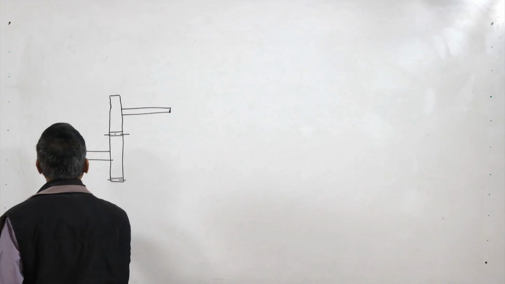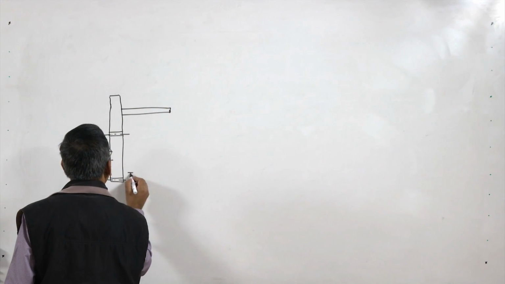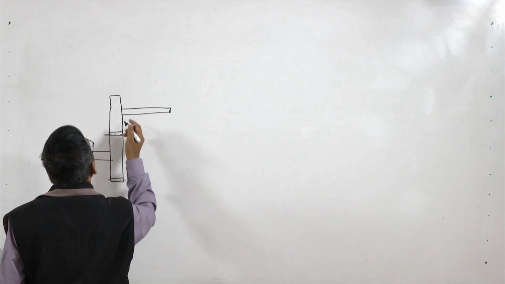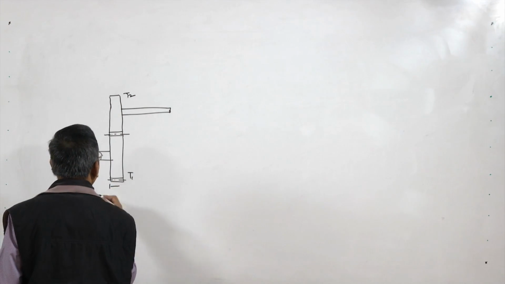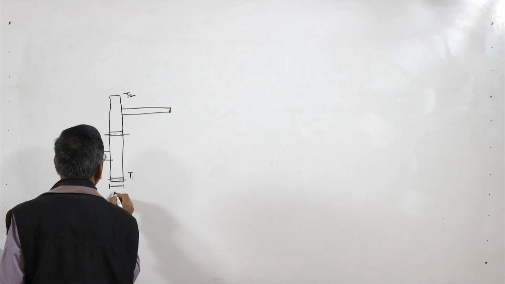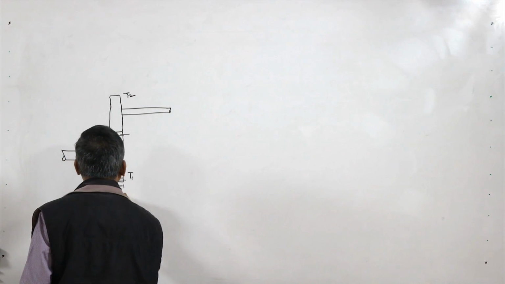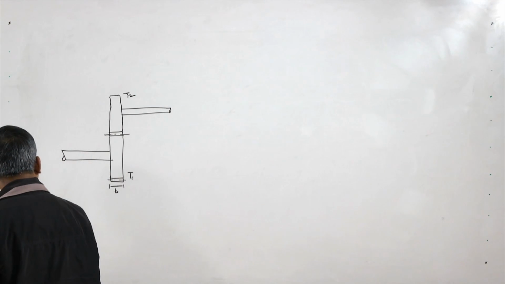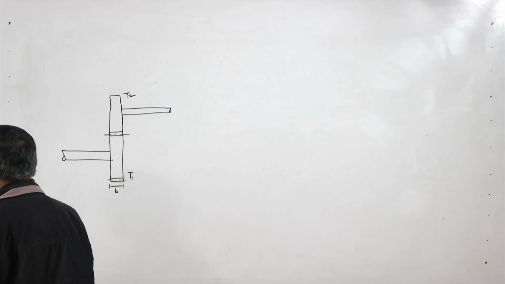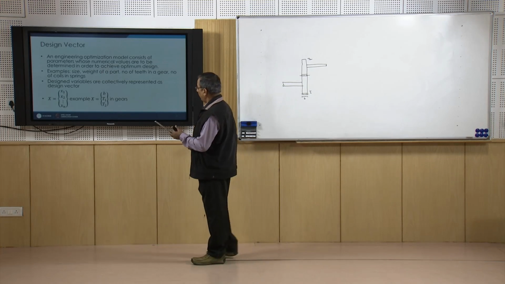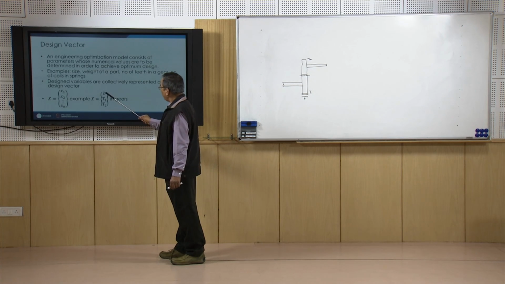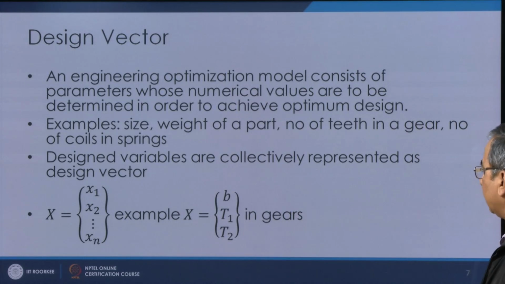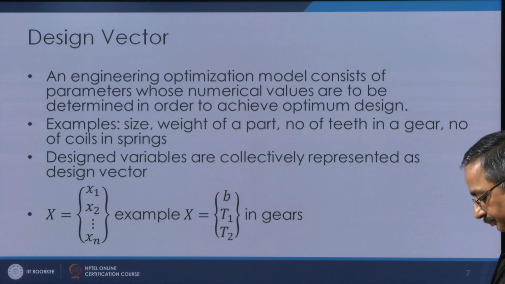Suppose the numbers of teeth are T1 and T2, and B is the width of the teeth. Then B, T1, T2 are the design variables for the gears.